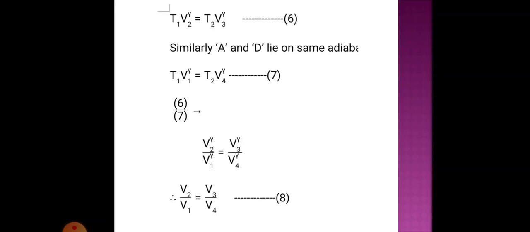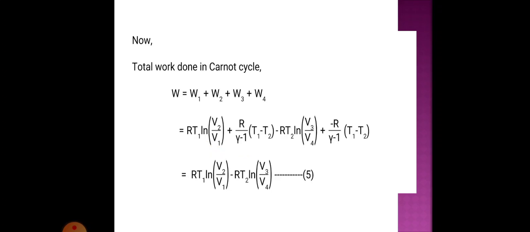So we can use this result in the expression for total work done. Here there is V2 by V1 and V3 by V4. Therefore, V3 by V4 can be replaced by V2 by V1.